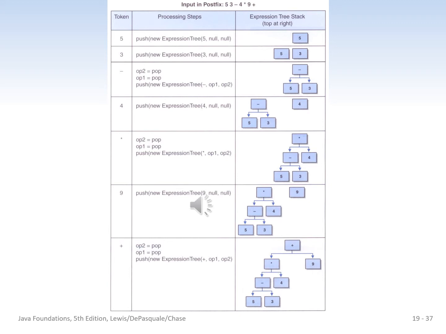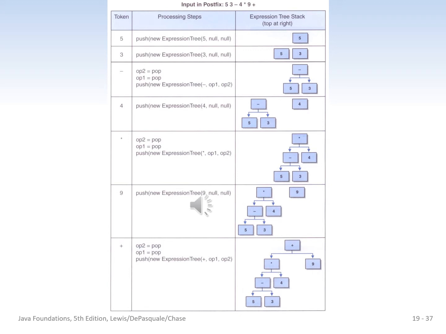So the postfix expression in this example is 5 space 3 space minus space 4 space asterisk space 9 space plus. So the way this works is 5 and 3 are the operands for a binary operation. In this case, it's going to be subtraction. So 5 will be pushed onto the expression tree, and then 3 will be pushed onto the expression tree.